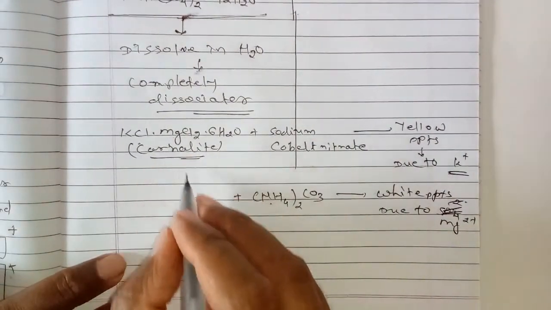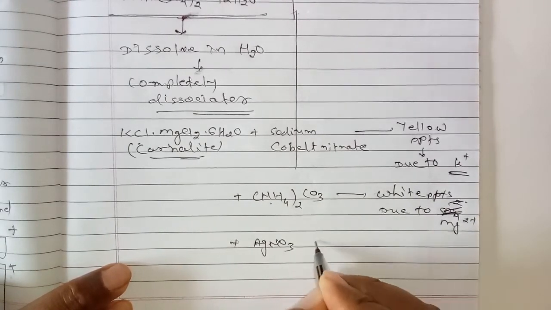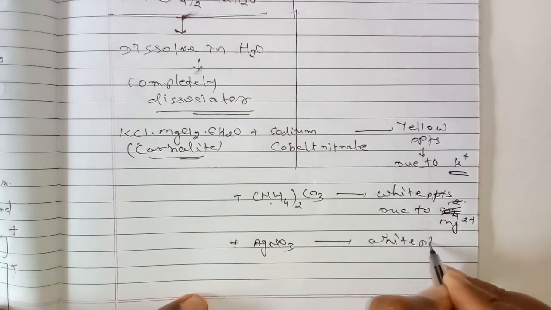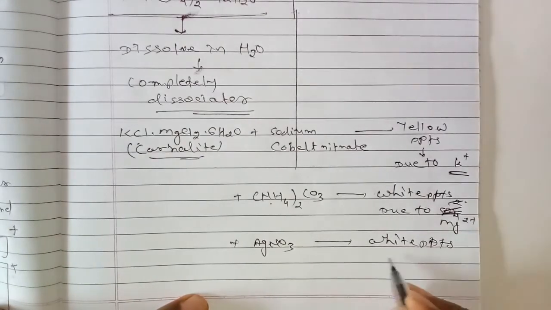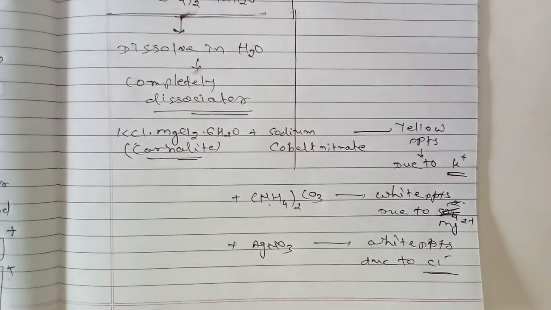Or when carnallite reacts with silver nitrate, a white precipitate is obtained due to chloride ions.